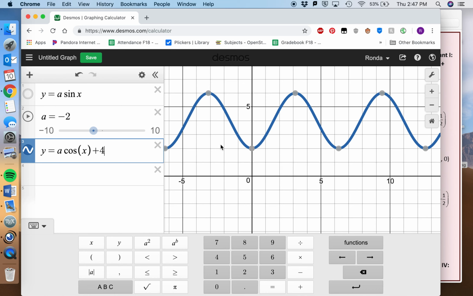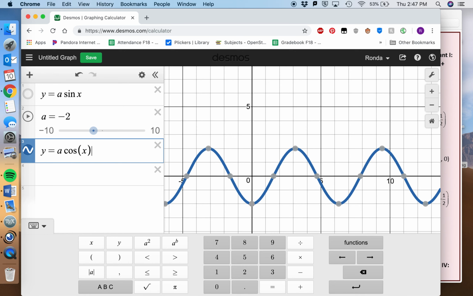So another way to figure out your amplitude is to figure out the low point and the high point, and then you think, okay, this is 1, 2, 3, 4 steps up to get to this one. I divide that in half, and that would be my amplitude, okay? So you might notice that when I add the +4, it shifts me up, just like the other graphs that we've talked about that were non-trig.